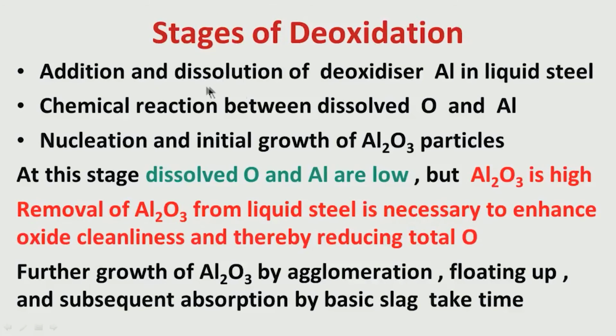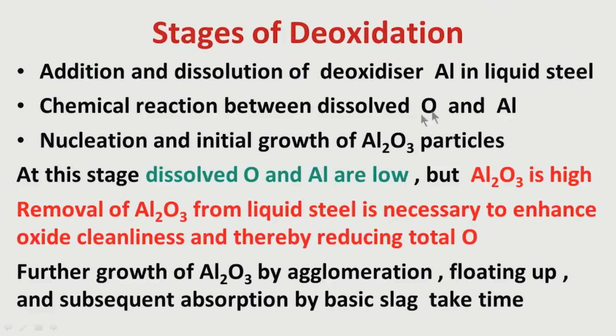So, after we add it, there is dissolution of the deoxidizer in liquid steel. First we add, then this gets into solution in the liquid steel. So, this silicon or aluminum or calcium, when you are adding, it is going into solution in liquid steel. Oxygen is there in liquid steel, and that particular deoxidizer also goes into liquid steel.